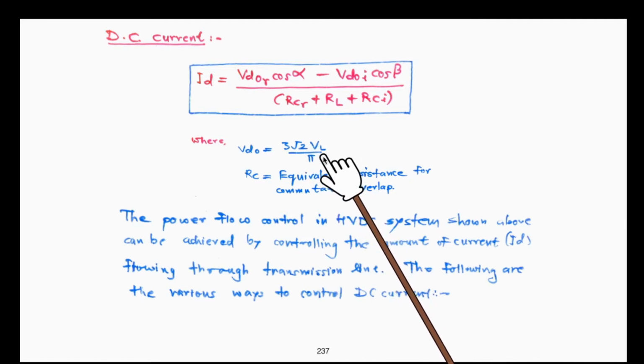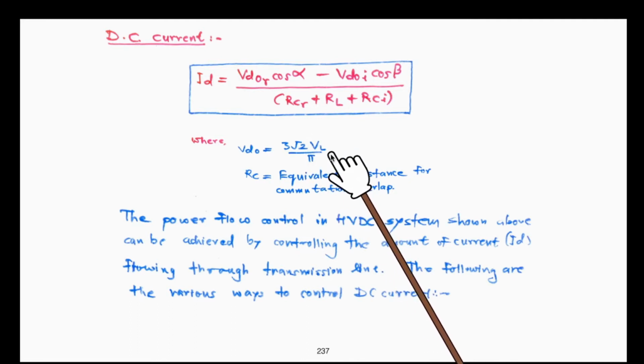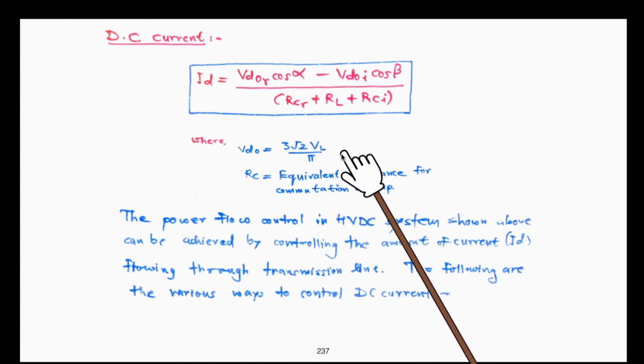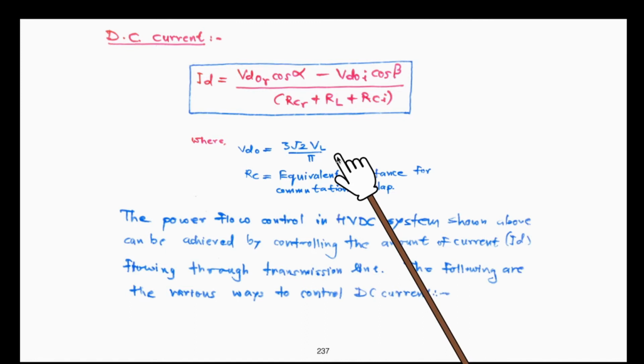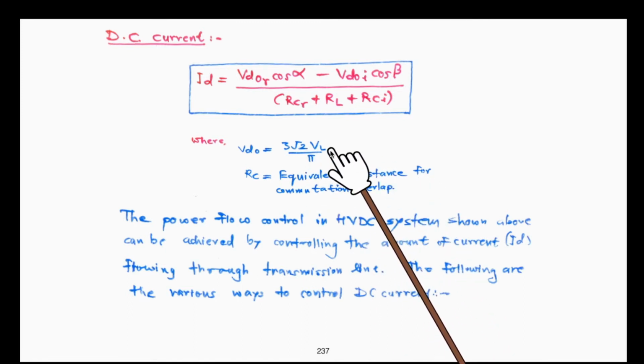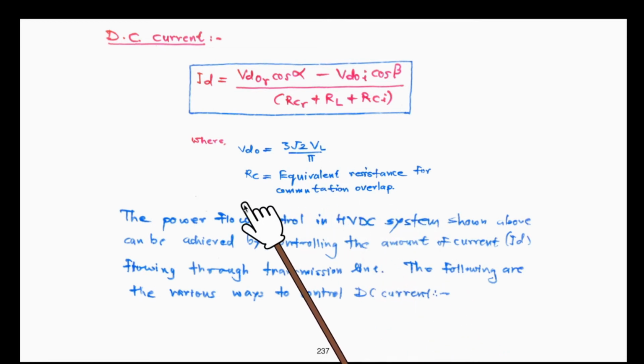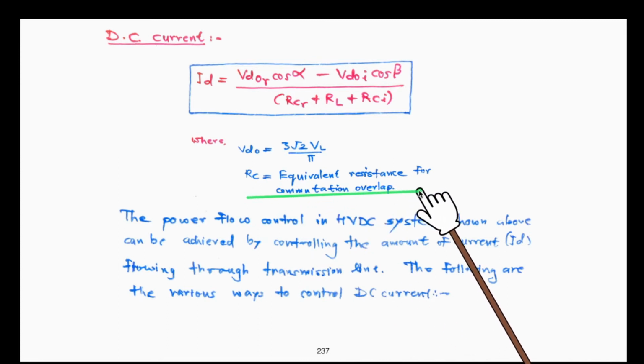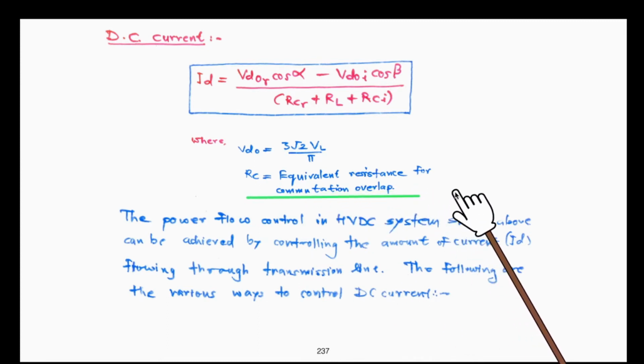Okay, we can either express this in terms of line voltage, or we can express this in terms of peak phase voltage, like we did while solving examples in the earlier case. So if you substitute peak phase voltage here instead of line voltage, you will get that same term, 3 root 3 VM upon 2 pi. Of course, if you know line voltage directly, we can use this particular term, and we can observe that RC represents the equivalent resistance for commutation overlap.